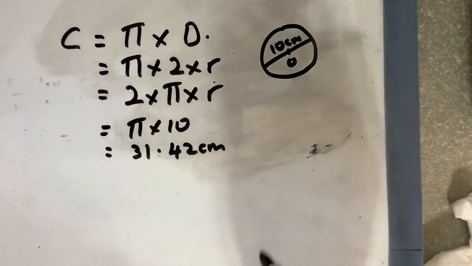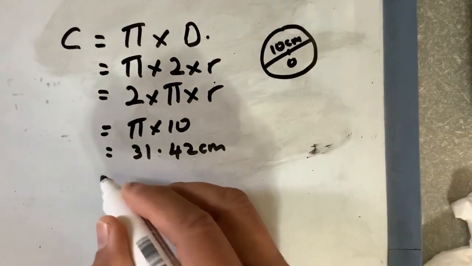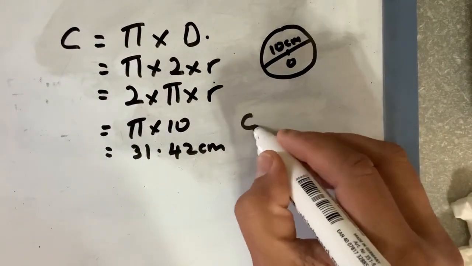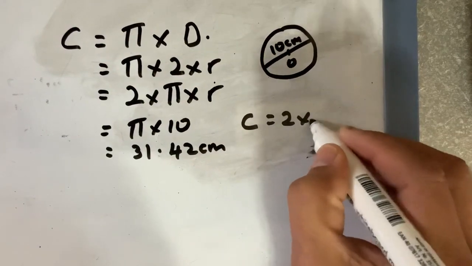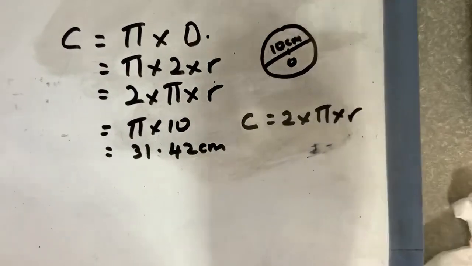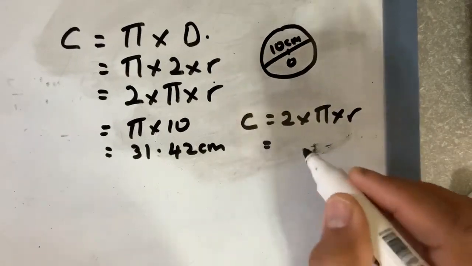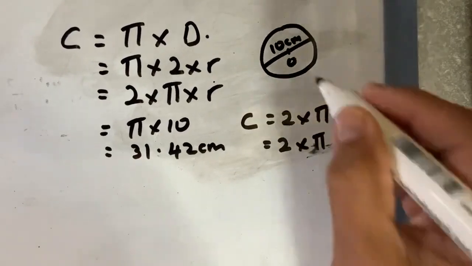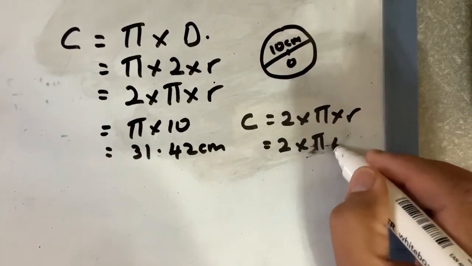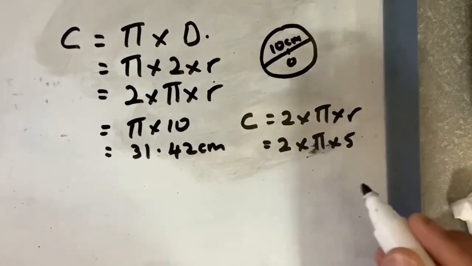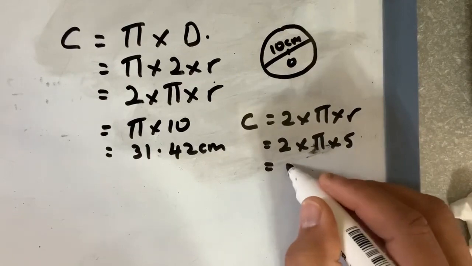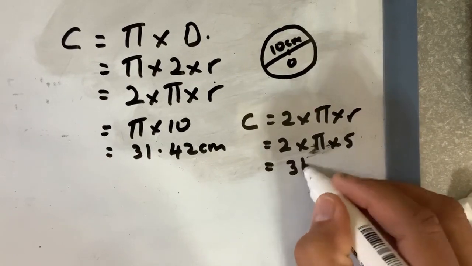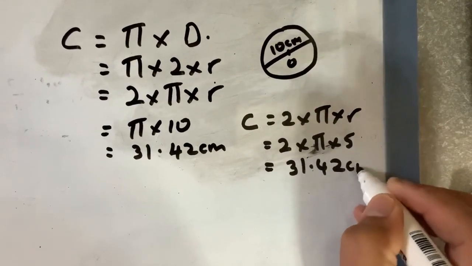On the other hand, if you decide to use the other formula, circumference equals 2 times pi times radius, it comes out the same. The radius is half the diameter, half of 10 is 5, so 2 times pi times 5, the answer is also 31.42 centimeter.